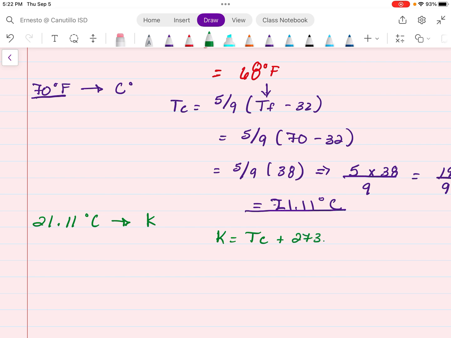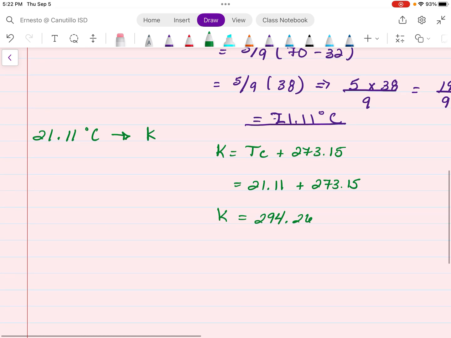So all I'm going to do is take my 21.11 and add 273.15 to that. That's going to give me a temperature in Kelvin of 294.26. That's it, guys. That's all you have to do for these conversions.